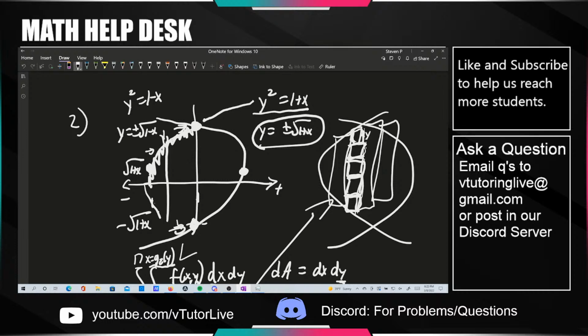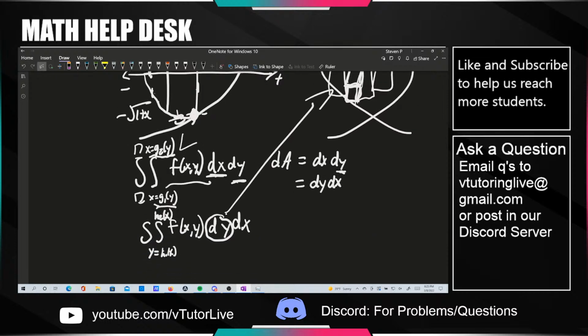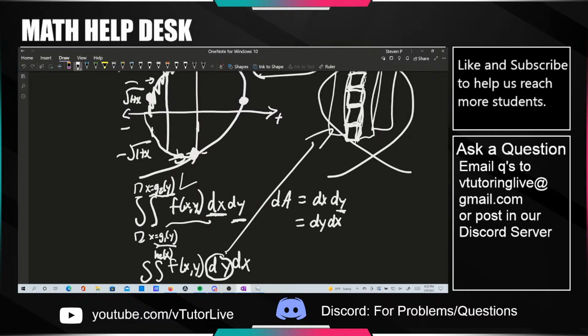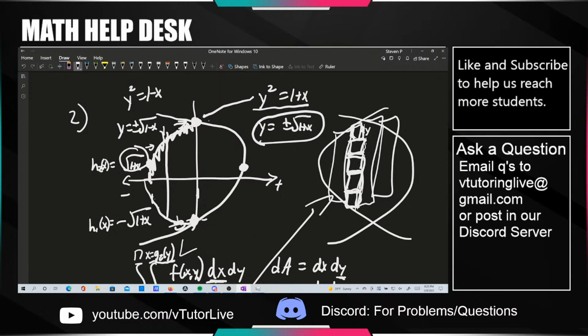Which is to say that when you do the bounds, one of them is h2 of x and one of them is h1 of x. So this is h2 of x, this is h1 of x. The top is the positive version, the bottom is the negative version, and we don't use the other one at all for the left-hand side.